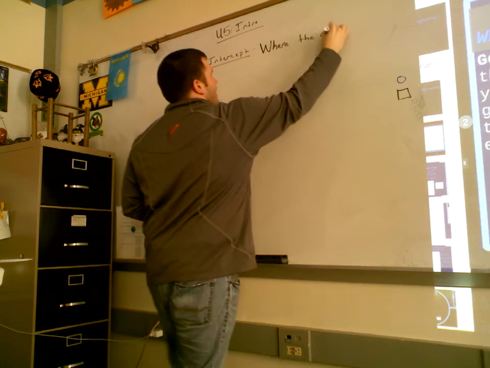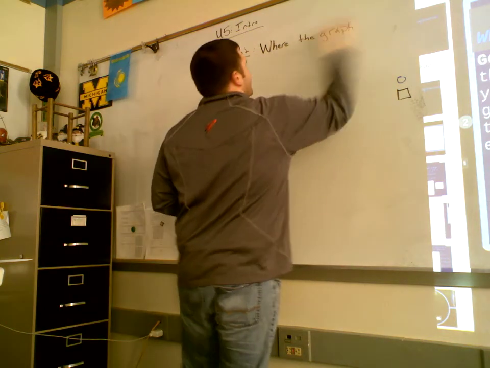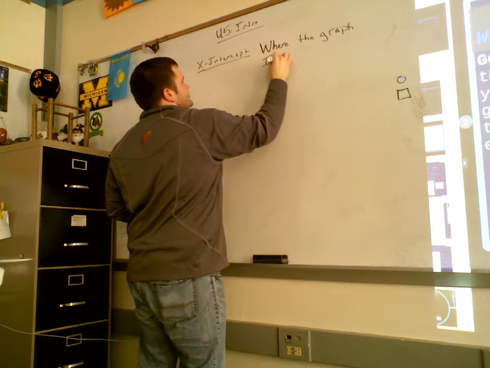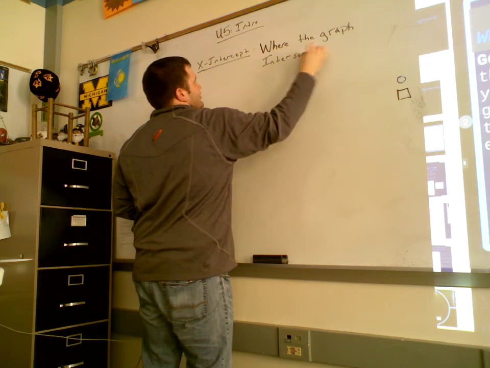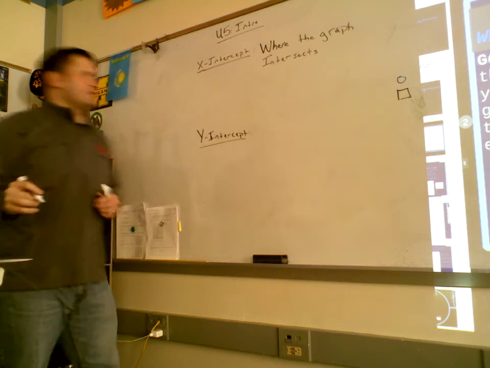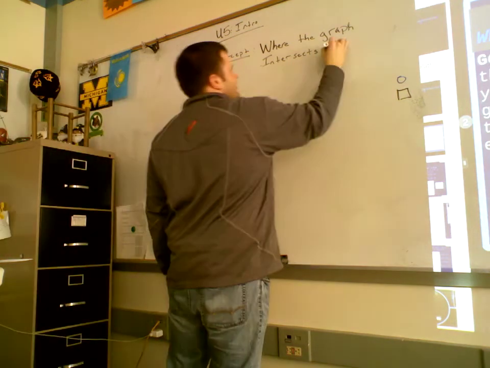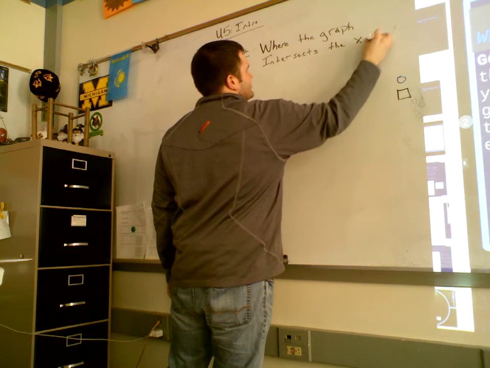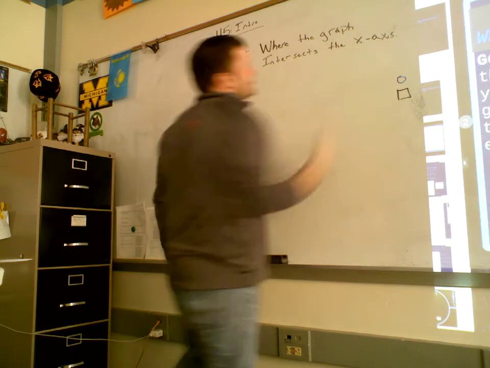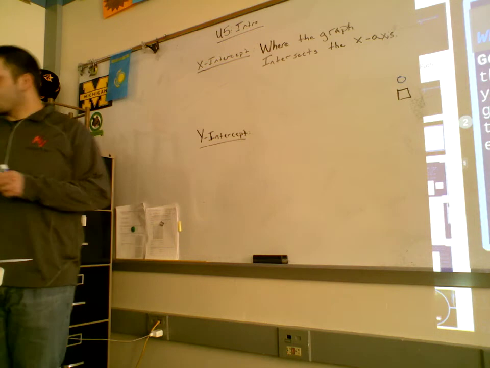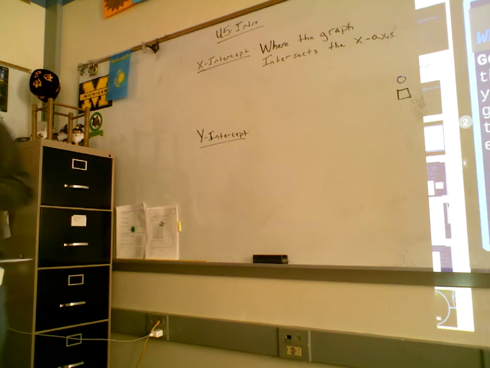Good. Where the graph intersects. Okay, a synonym for intersects is crosses, right? Intersects the x-axis, right? Where the graph intersects the x-axis.